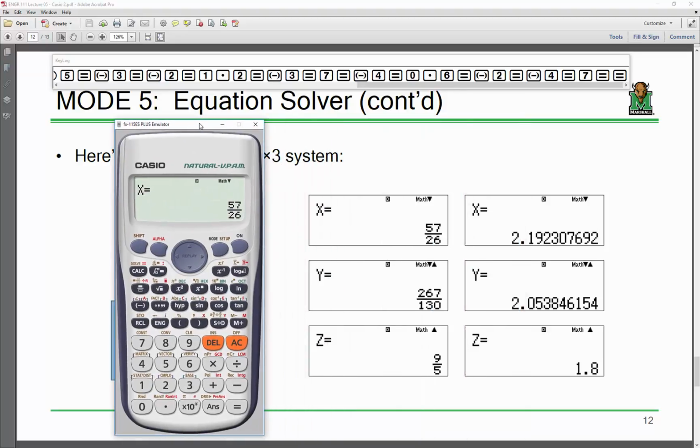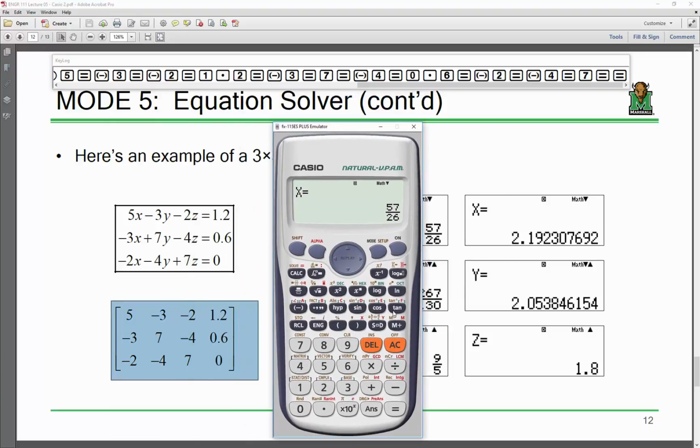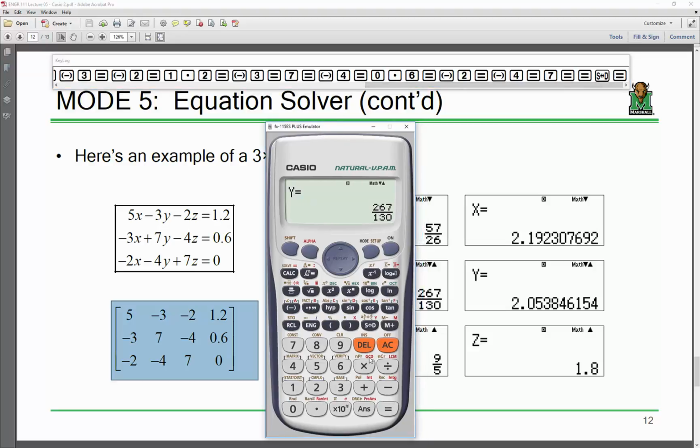All right. When it's all said and done, you should get, again, a unique set of x, y, and z values that meets the conditions of all three equations. In other words, I have an x value, which is 57 over 26, or about 2.192, something like that. A y value, that's 267 over 130, or 2.0538, something like that. And then z is 9/5, or 1.8.